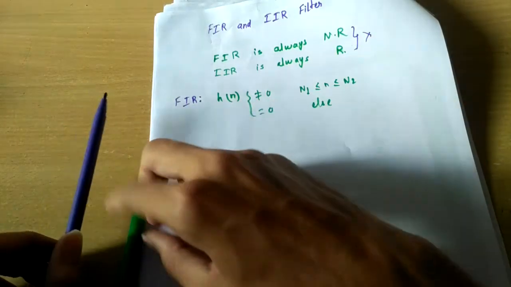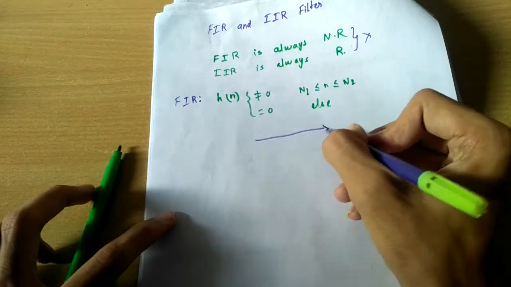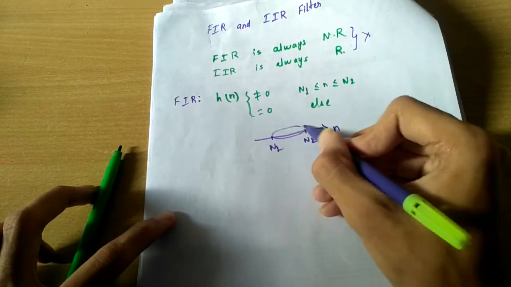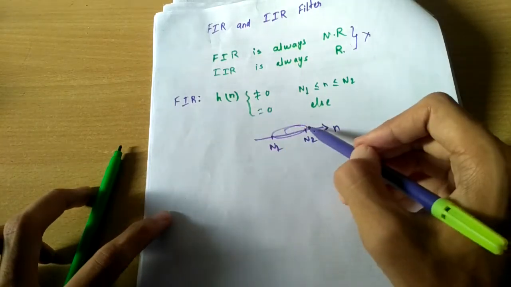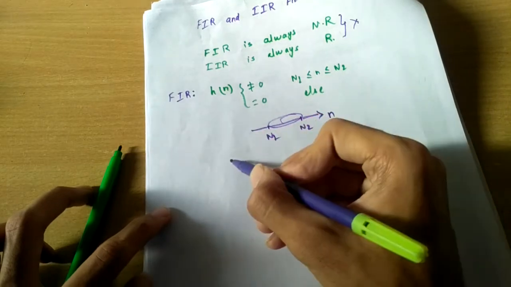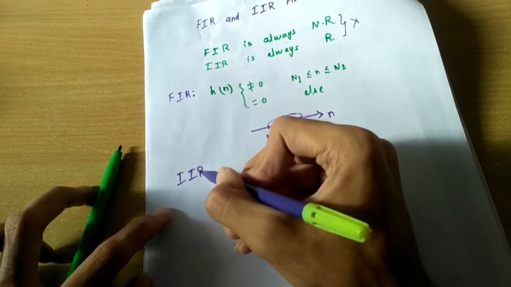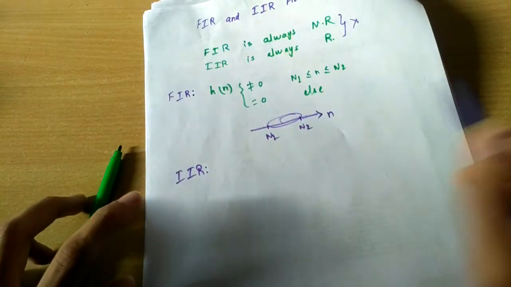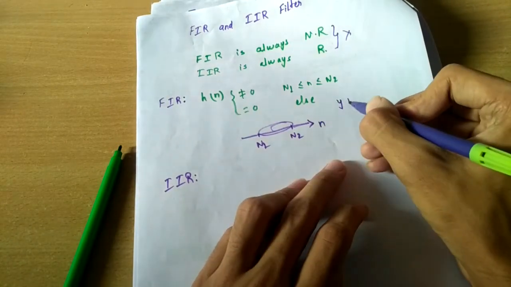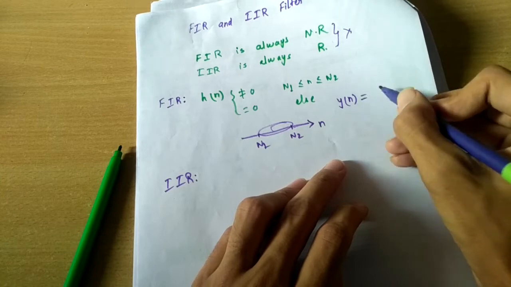If I want to show it graphically, then for this finite duration we have h of n as non-zero, and elsewhere it is zero. But what about IIR? Before moving to IIR, let me write the output. Obviously, we know the output of any digital system is a convolution.